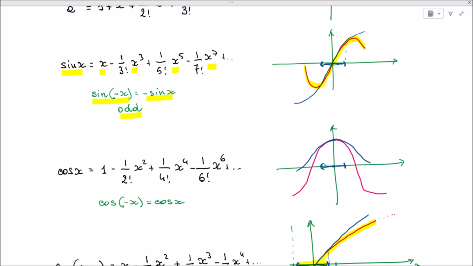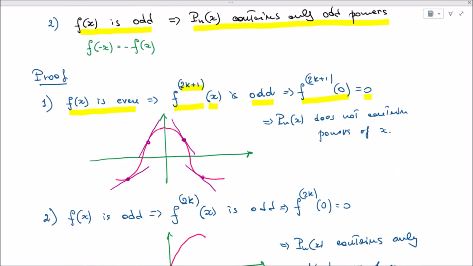So we can say that the derivative of order 2k plus 1, and 2k plus 1 of course is an odd number, of f of x is an odd function, but that implies that if we evaluate this odd derivative at 0, we get 0. But remember that in the Taylor polynomial, this is basically one element of the coefficient of the powers of x that has exponent 2k plus 1.